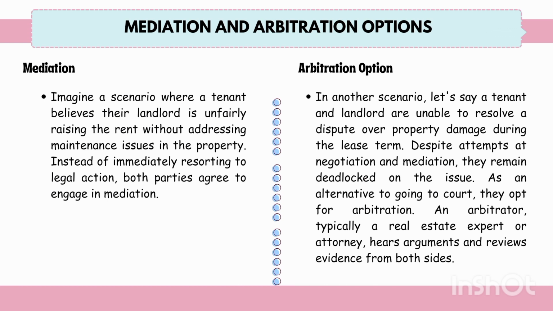After considering all factors, the arbitrator renders a final and binding decision on the matter. In this case, the arbitrator may determine the extent of the damage, assess liability, and award appropriate compensation to the affected party. While arbitration provides a definitive resolution, both parties must accept the arbitrator's decision, which becomes legally binding.